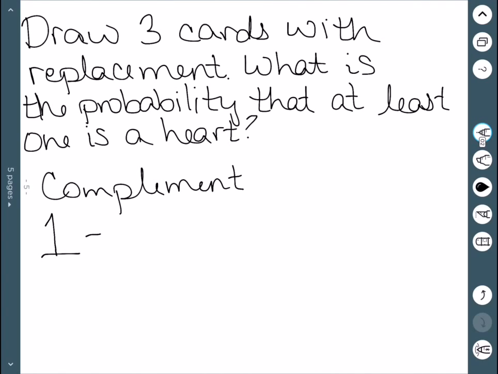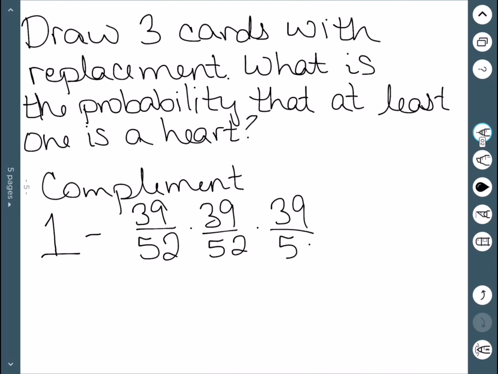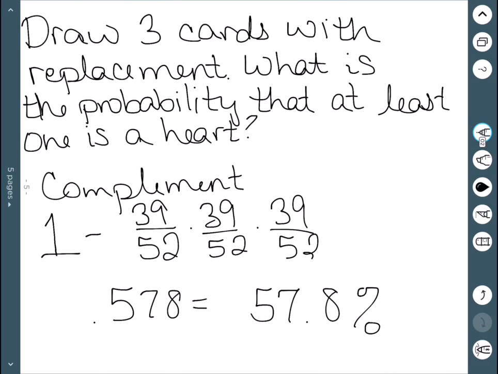For my first one, there are 13 hearts, which means there are 39 cards that are not hearts. That's for the first, the second, and the third, since we're doing with replacement. And when we work this out, we get 0.578, or 57.8% chance of drawing at least 1 heart.